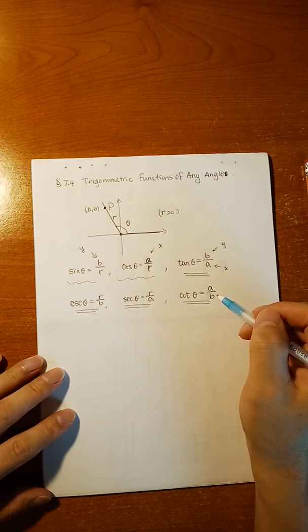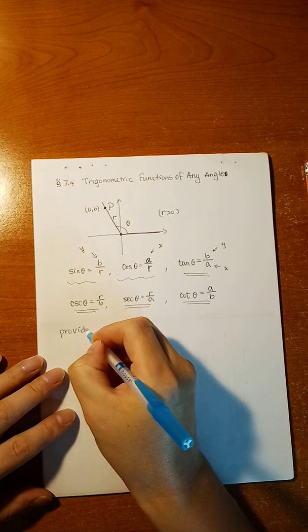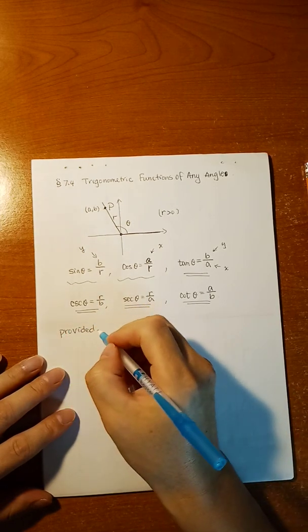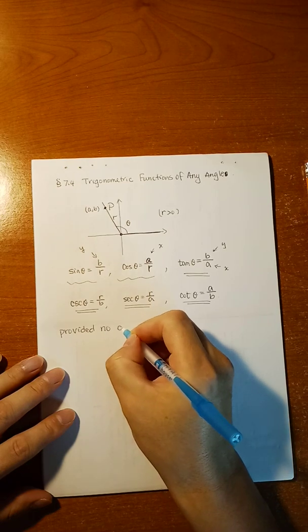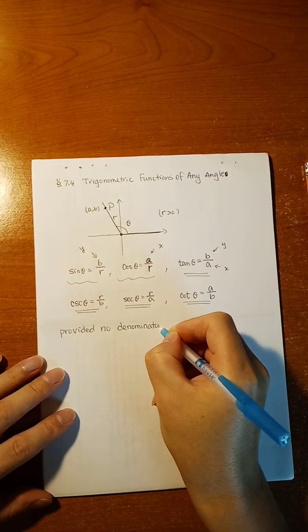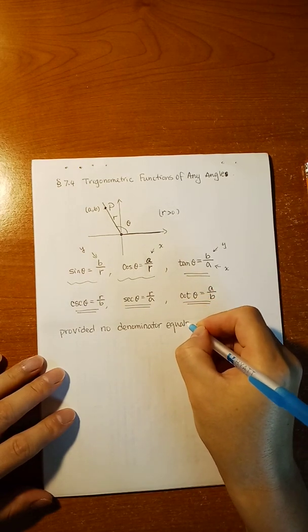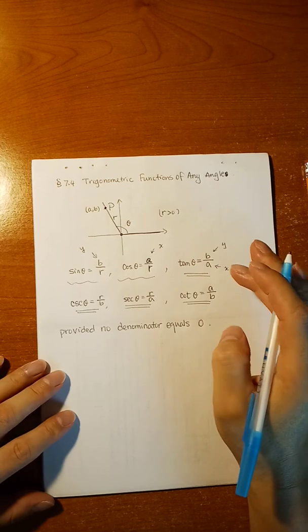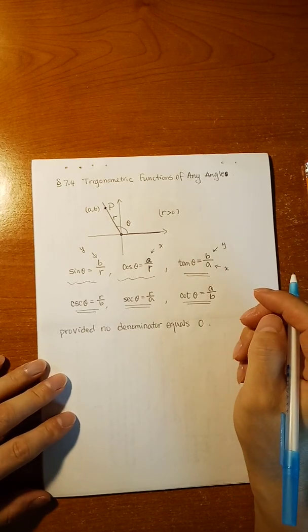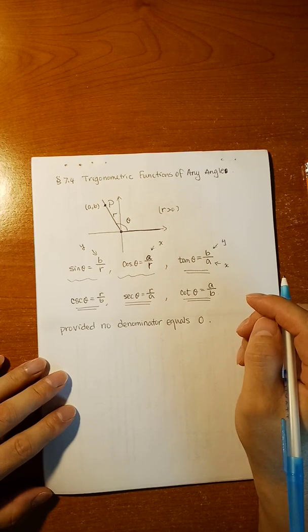So here you have to add one requirement or condition: provided no denominator equals 0. When the denominator is equal to 0, the corresponding trigonometric function is not defined.